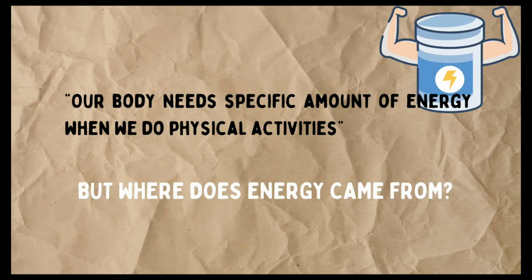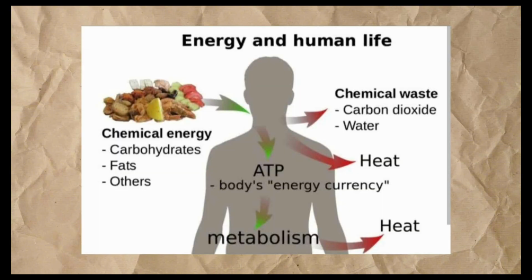It is said that our body needs a specific amount of energy when we do physical activities, but where does energy come from? This image explains where the body's energy comes from and how it's used. Energy comes from the food we eat. Food contains chemical energy stored in nutrients like carbohydrates, fats, and proteins. When we eat, the body breaks down these nutrients through a process called metabolism.